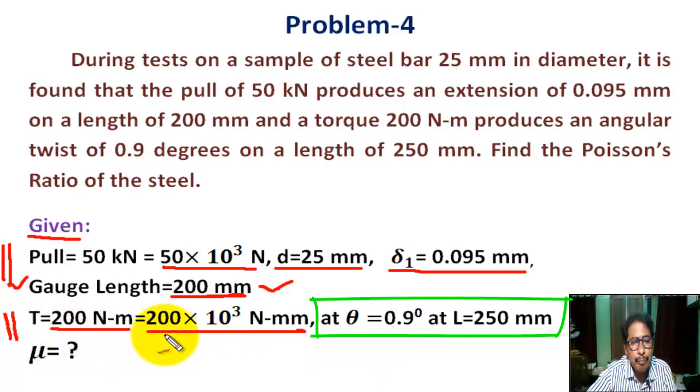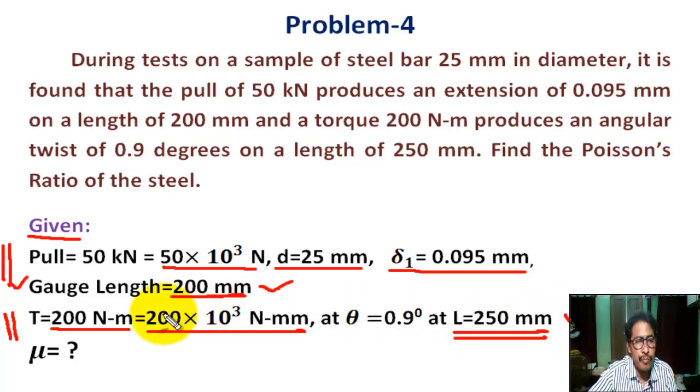Theta for torsion test, theta angle of twist equal to 0.9 degree. The experiment is on length L equal to 250 millimeter.